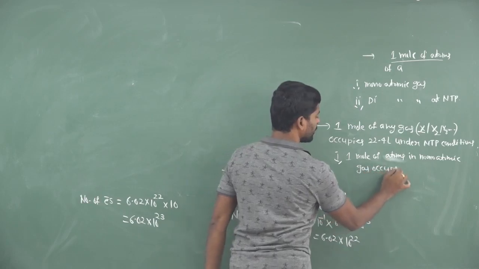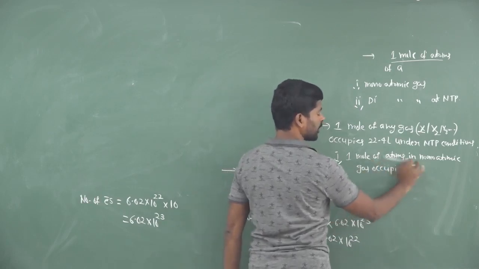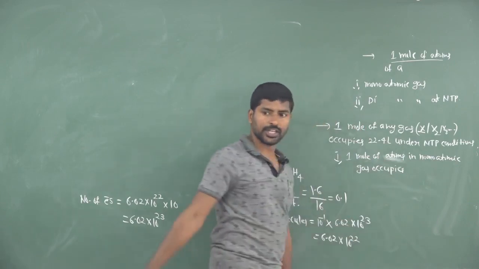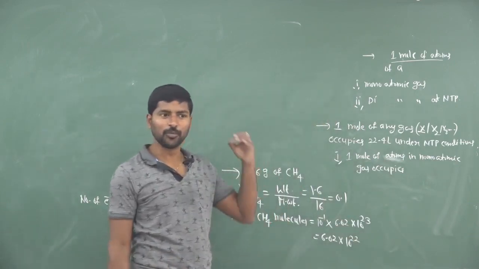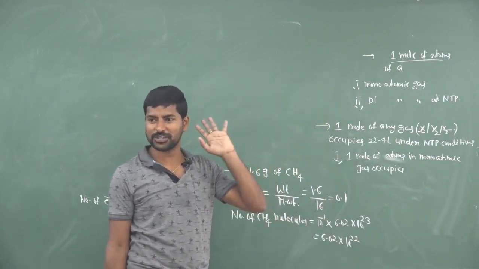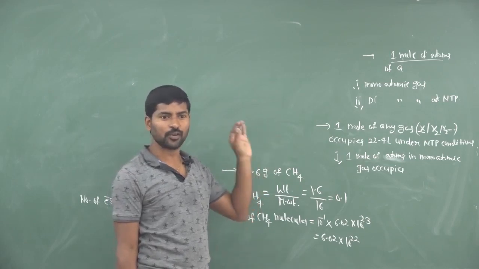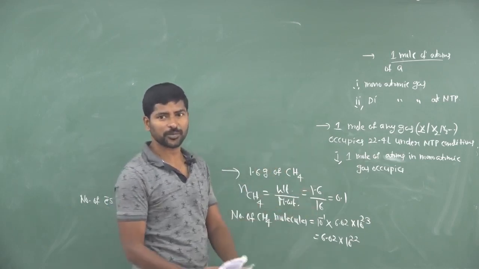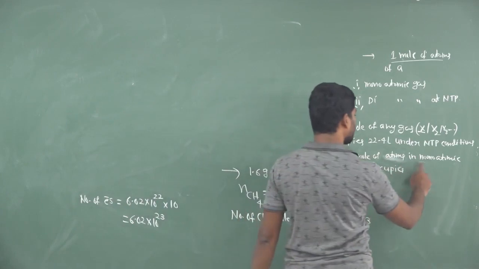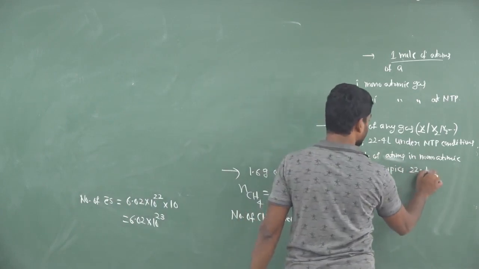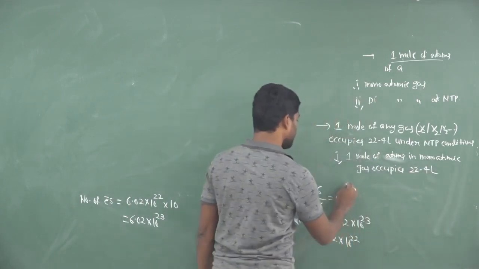Same. In 1 mole of monoatomic gas, how many atoms are present? 1 mole of atoms are present. So 1 mole of atoms in monoatomic gas occupies 22.4 liters under NTP conditions.